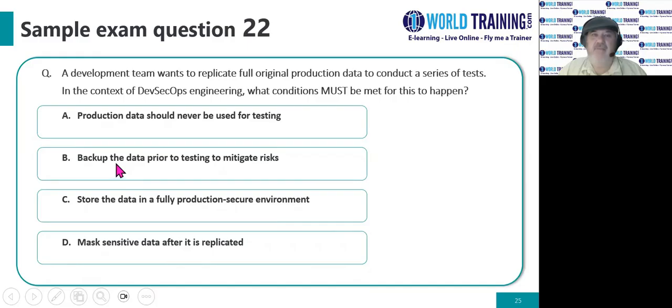But back up the data prior to testing to mitigate risks. Okay, that's probably not a bad idea, but let's see what else. Store the data in fully production secure environment. That's a stronger answer. Mask sensitive data after it's replicated. That's also not a bad answer, but I think the more general answer is C. Store the data in fully production secure environments.